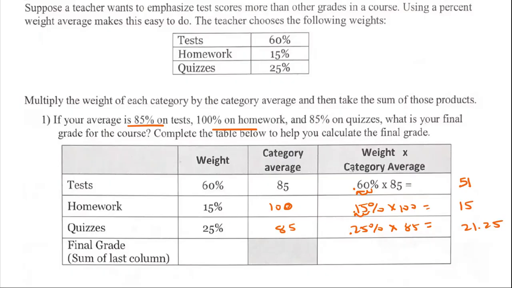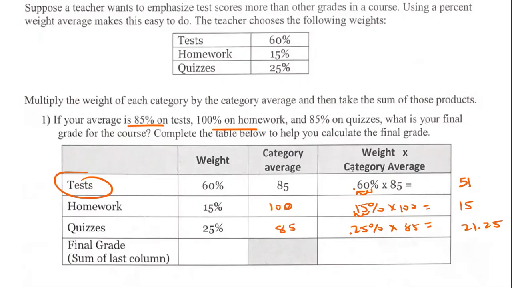So 51, what does that mean? It's saying the max you can get for tests is 60%, but out of the 60%, you only got 51. For the homework, you got all the points. It's 15%, you got all of them. For the quizzes, you got 21.25 out of 25.